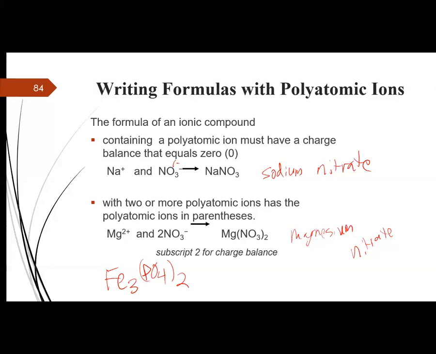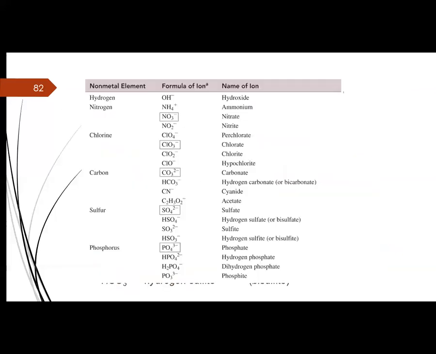We know our iron, there's 3 of them, so iron must be +2, so that becomes iron(II). And then PO4 is phosphate. And we got all of that from our list here, right? Phosphate here has a 3- charge. And so that's what you're doing with your polyatomic ions.